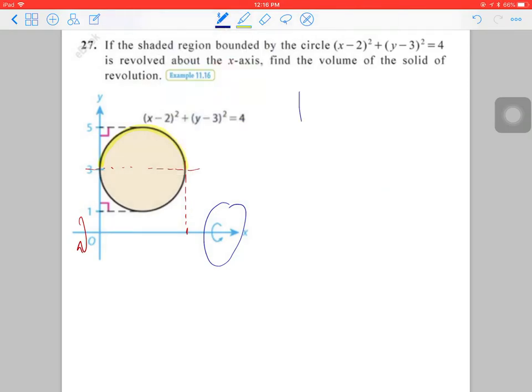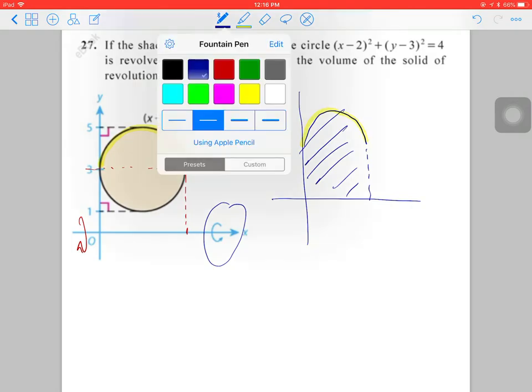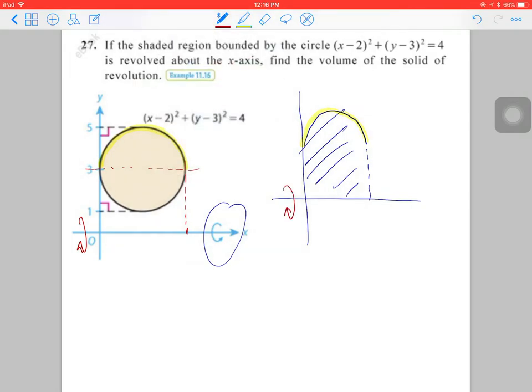And the yellow one will generate a so-called larger volume, like this. The yellow one, rotated about the x-axis, starting from 0 to this end. Larger one. So this is the outer curve.